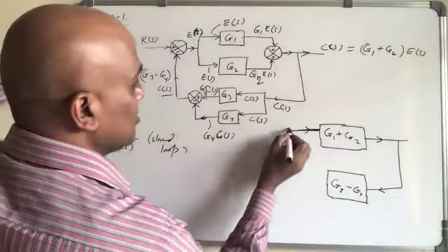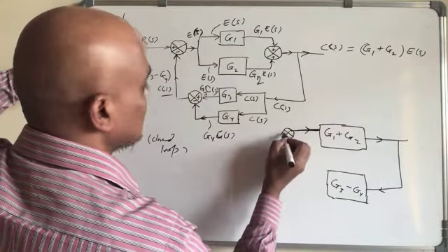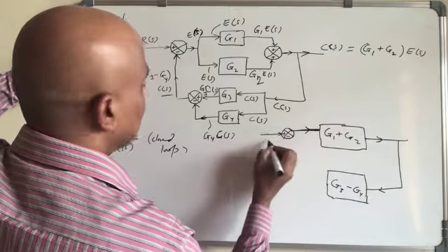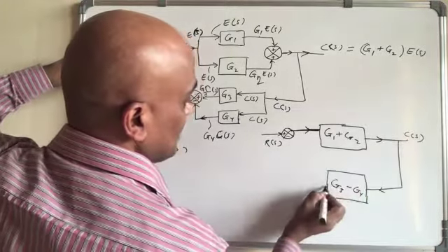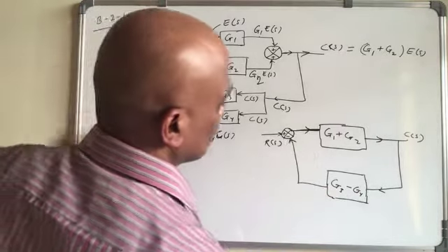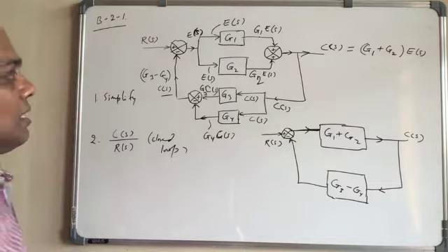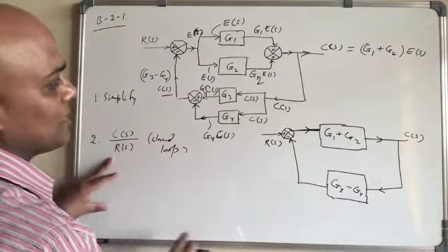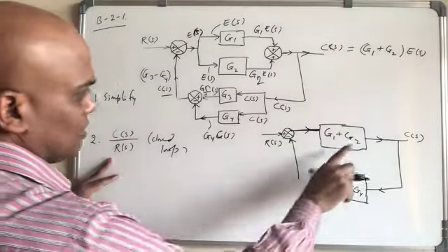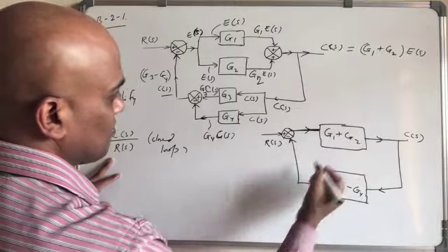And then you have here minus, and then this is plus here. So here this is R(s), this is C(s). Now C(s) over R(s), you can write very easily.